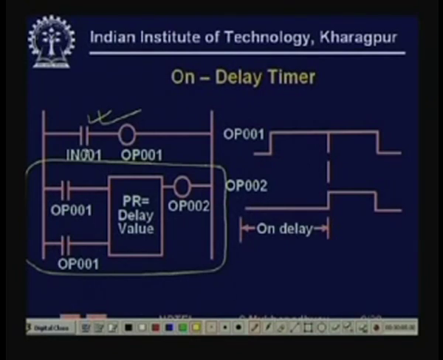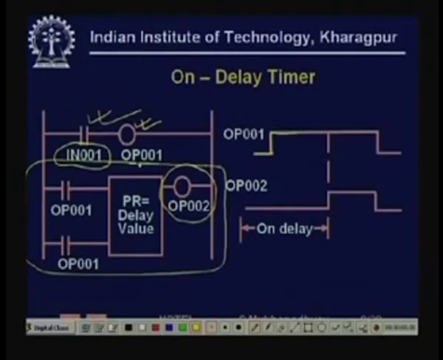Suppose we asserted this input, immediately this output goes high. But we want the other output, OP002, to go high after a short delay.